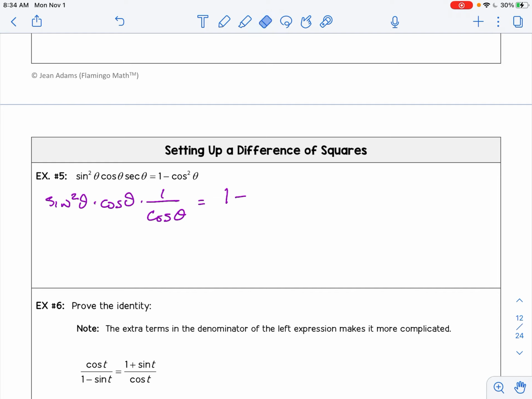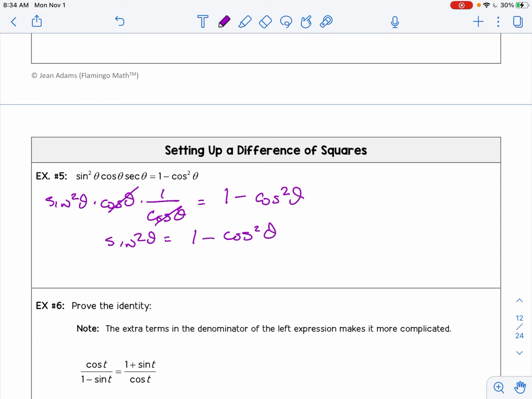And then this over here would equal 1 minus cosine squared theta. Now, what works out pretty good there? Do you see this cross division? That makes life easier for me, so I got lucky. Now, what you end up with here is sine squared theta is equal to 1 minus cosine squared theta.